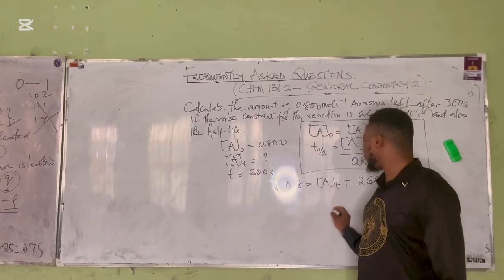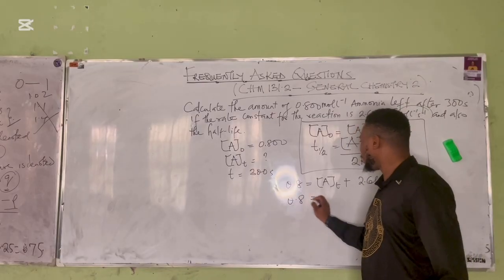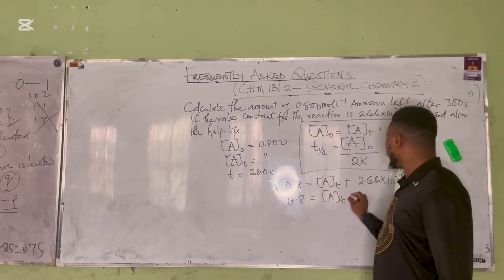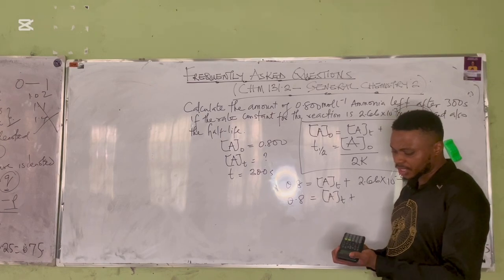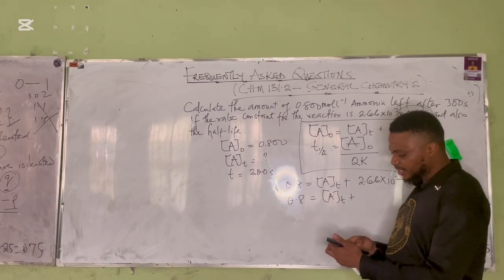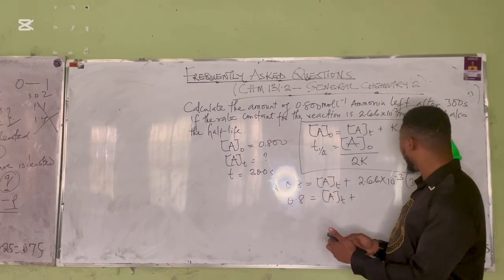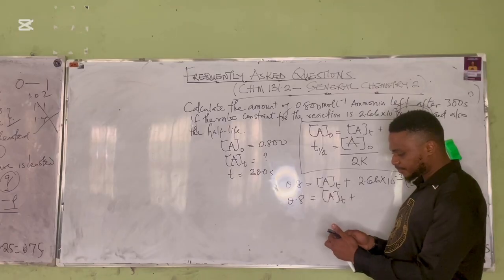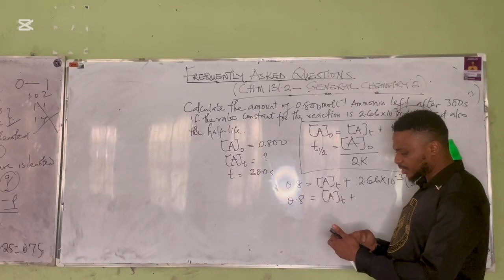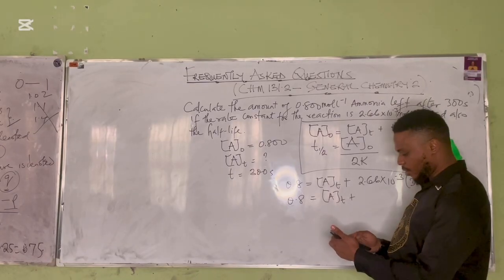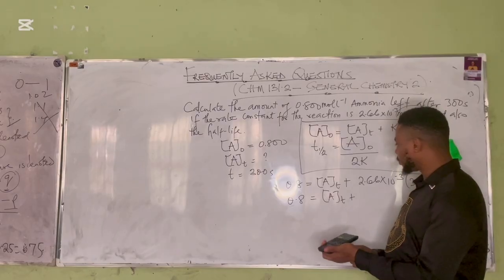So it means that we have to solve this. Let's solve this quickly: 2.66 times 10 raised to the power of minus 3 times 300.